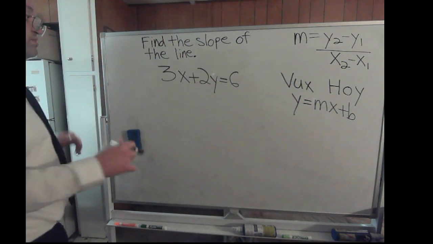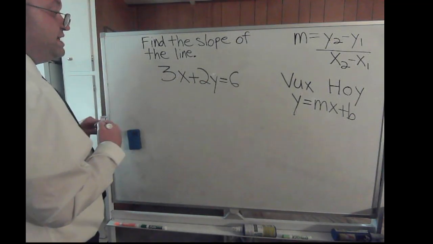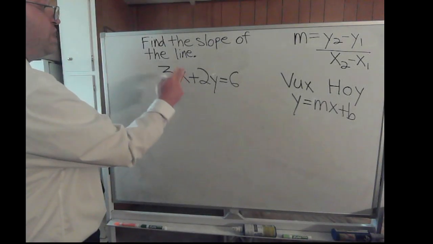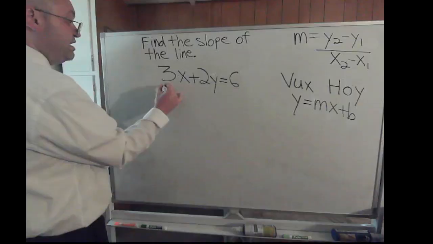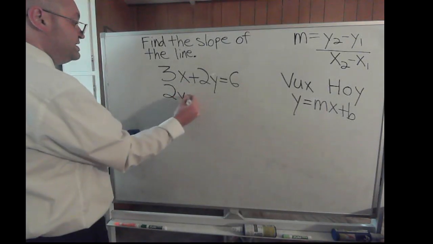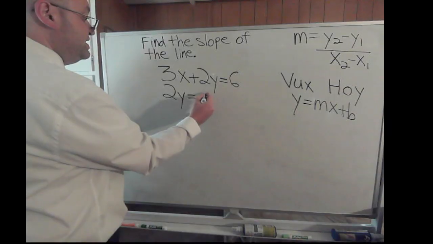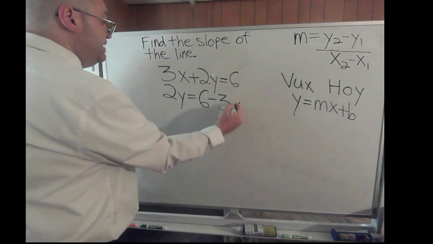In order to do that, we need to get that 2y by itself on the left-hand side, which means we've got to subtract 3x from the left side. If we do that, we get 2y by itself indeed. That'll be equal to 6, and then you subtract 3x from the right, you would get 6 minus 3x.